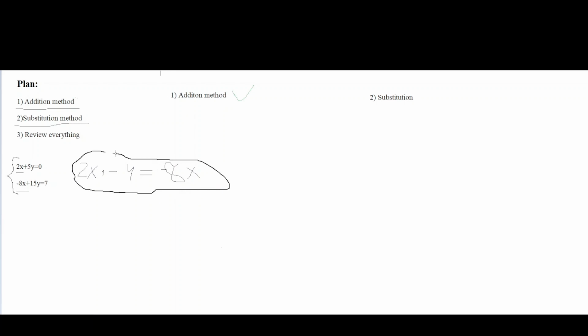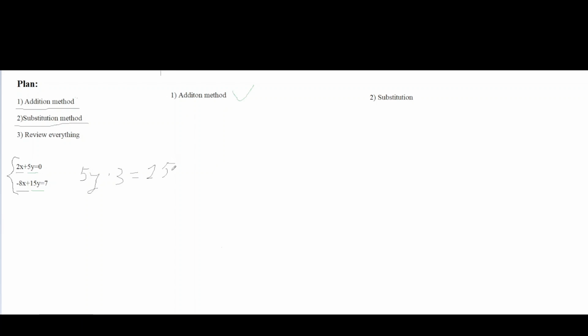But here is the problem. Whenever we have minus, it changes all signs. That's why it will be even better for us to use 5y. In order to make 5y into 15y, we just multiply 5y by 3 so that it becomes 15y.